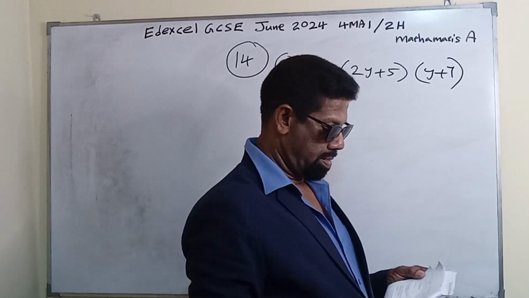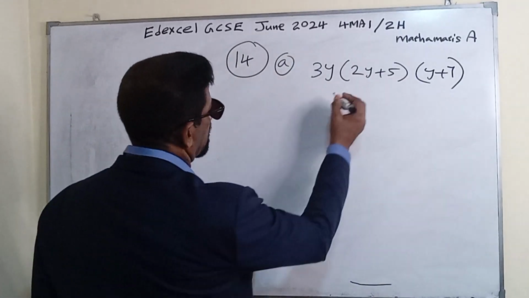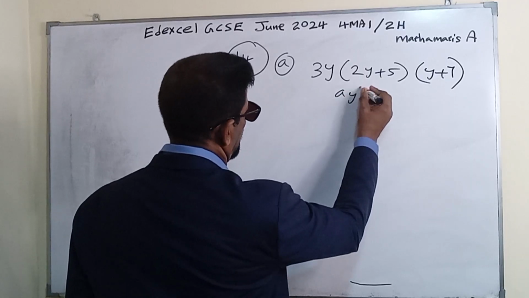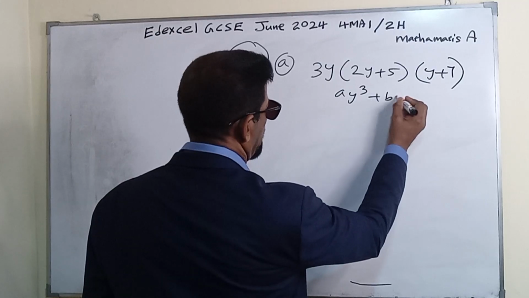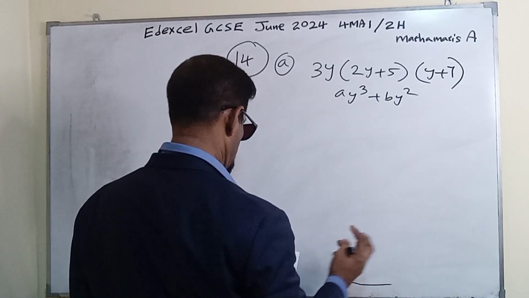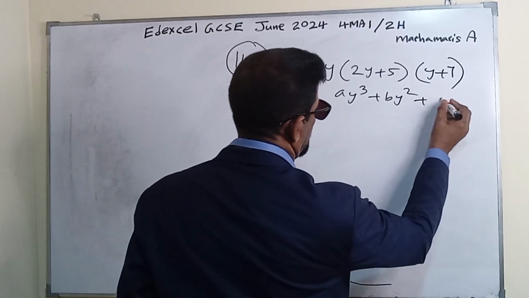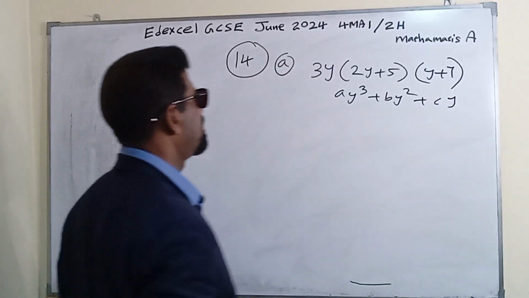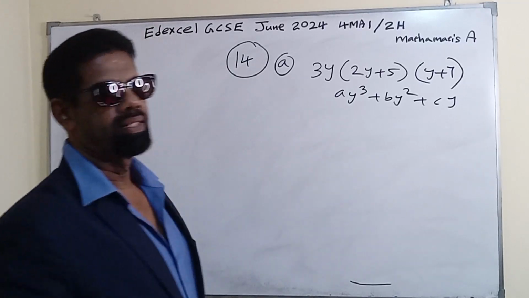He needs a y cubed plus b y to the power of 2 plus c y. He needs us to find this a, b and c. Very easy. This is open brackets.